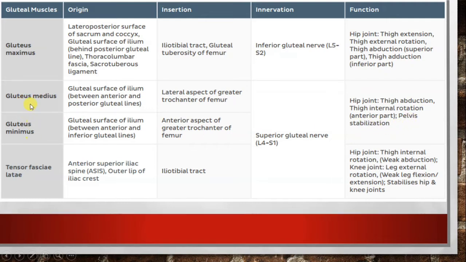So gluteus minimus and gluteus medius have the same innervation, plus they have the same action but different attachment. Gluteus minimus is arising from the gluteal surface of ilium between the anterior and inferior gluteal lines. It is inserted to the anterior aspect of the greater trochanter of the femur, while the gluteus medius attaches to the lateral aspect of the greater trochanter.